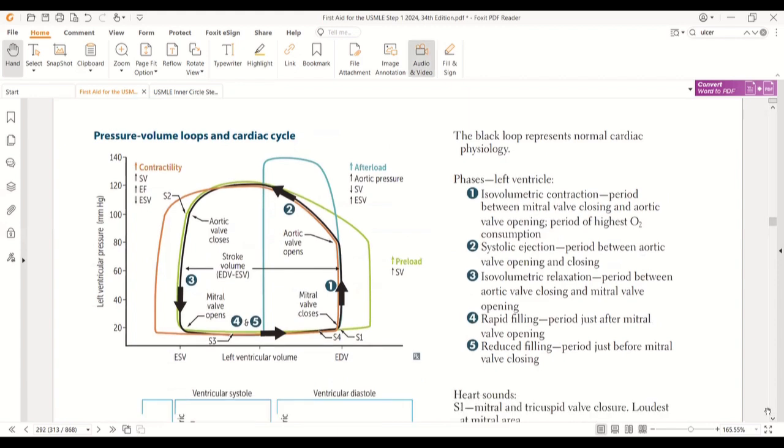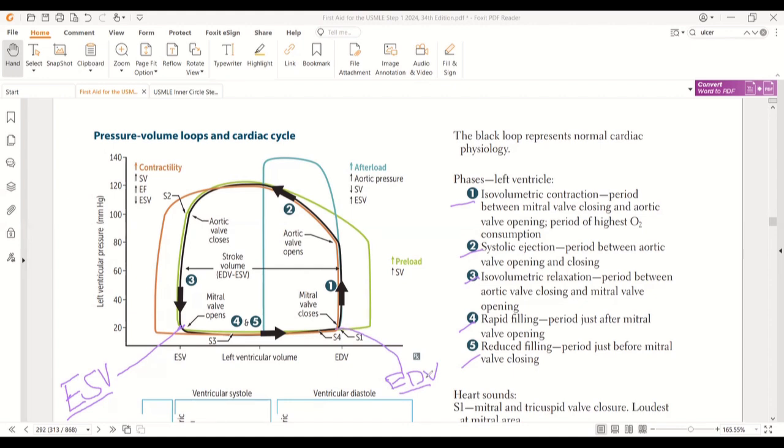So on this curve, there are things labeled 1, 2, 3, 4, and 5, right? This black line is normal. This is the end systolic volume, and this one is the end diastolic volume.